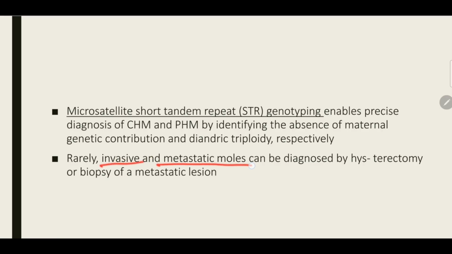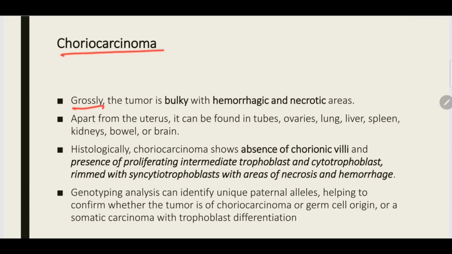Rarely, invasive and metastatic mole can be diagnosed by hysterectomy or biopsy of a metastatic lesion. Choriocarcinoma. Grossly, the tumor is bulky with hemorrhagic and necrotic areas. Apart from the uterus, it can be found in tubes, ovaries, lung, liver, spleen, kidney, bowel or brain.